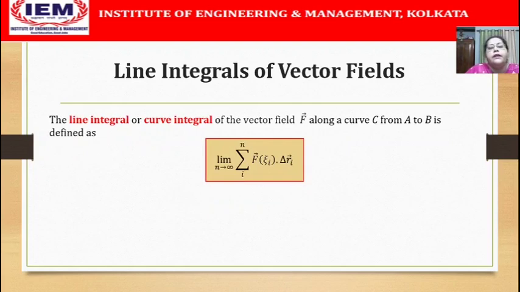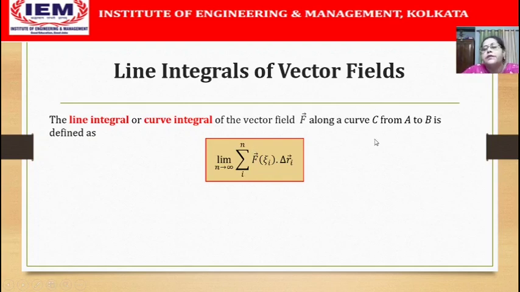We had seen that the line integral or curve integral of the vector field f along a curve C from A to B is defined as the limit of a sum, as n tends to infinity, summation f of xi_i dot delta r_i, where i varies from 1 to n.